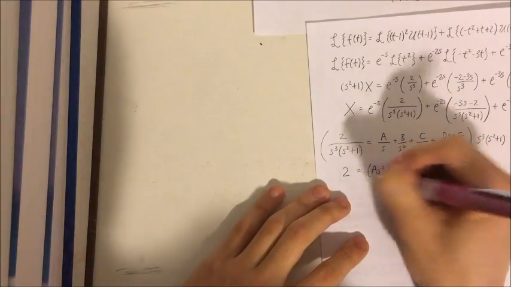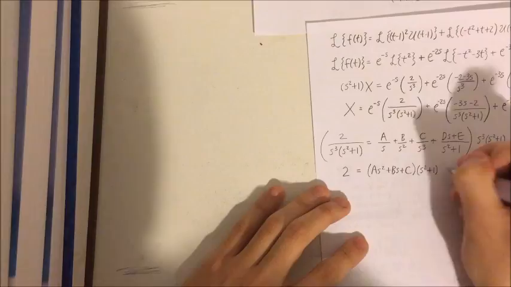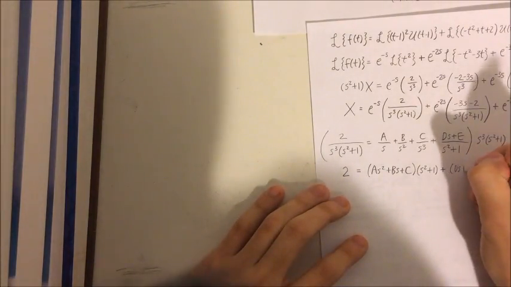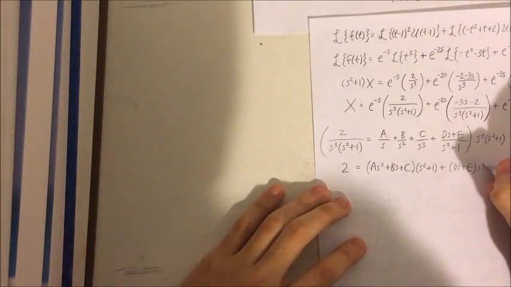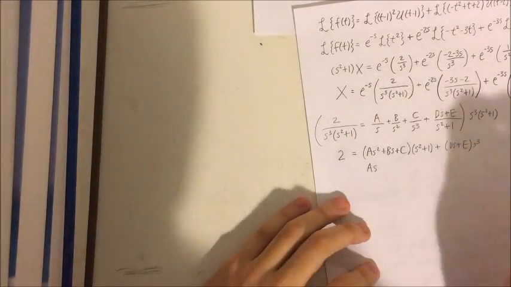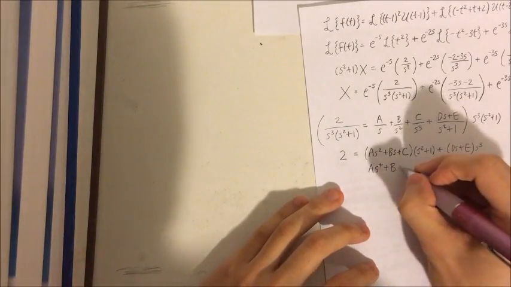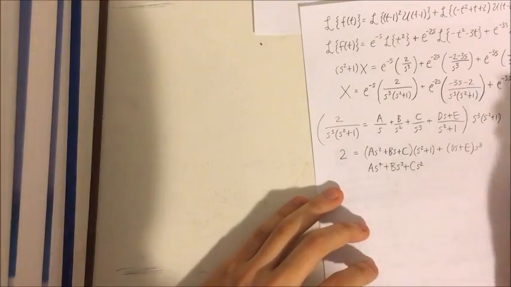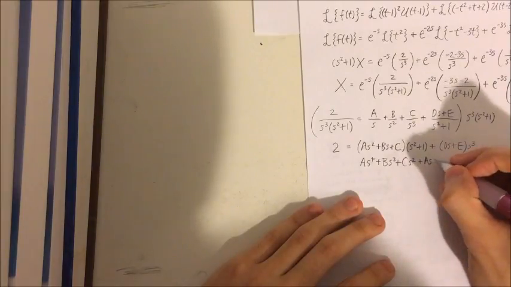Because you cancel out powers of s respectively, and then you multiply the whole thing by s squared plus 1, and then you cancel this out, so you get ds plus e. I might get fast here and a little sloppy because I don't know how long my video is running, so I don't want it to take up forever. As squared, as to the 4th, plus we're distributing it out, basically ratioing each of these variables by power of s to the power of 2, and then just s by itself.